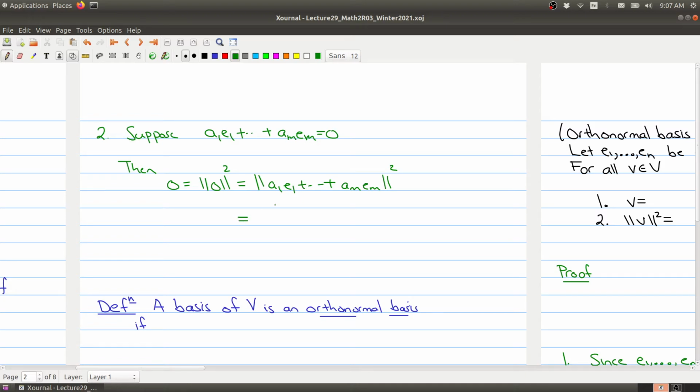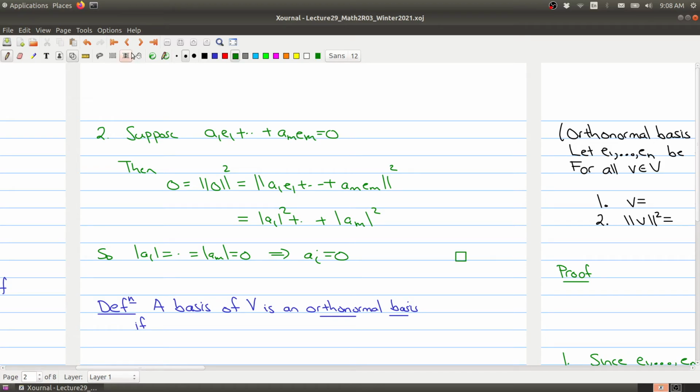Then by part 1, this is equal to the absolute value of a1 squared all the way up to the absolute value of am squared. These are real numbers, all positive or zero, and they sum to zero. This forces the absolute value of each of these numbers to be zero, which implies that each ai is zero. So our linear combination can only happen if all the coefficients are zero.